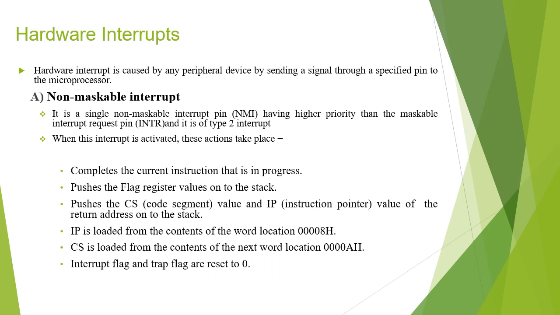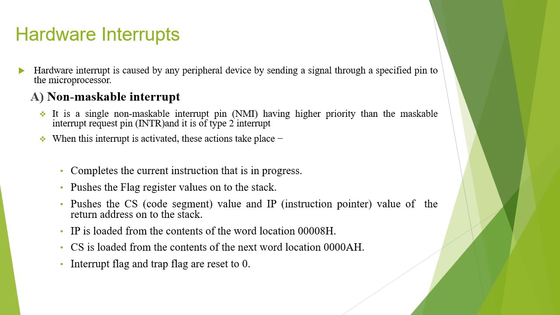So the first type of hardware interrupt is non-maskable interrupt. As the name suggests, it is non-maskable. That is, the CPU cannot ignore the interrupts which come through the NMI pin of your 8086. And it has higher priority than the maskable interrupt request pin, that is INTR.